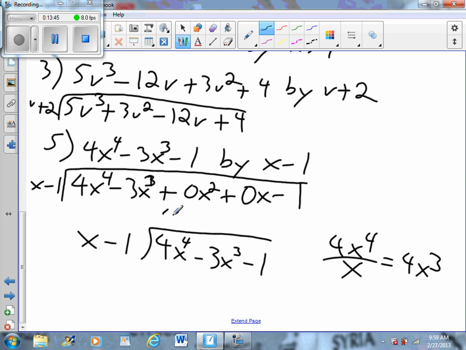So, 4x to the 3rd times x minus 1. Okay, well, that's not so bad. I can see how I can put those together. 4x to the 3rd times the negative 1. What is that? A negative 4x to the 3rd, right?